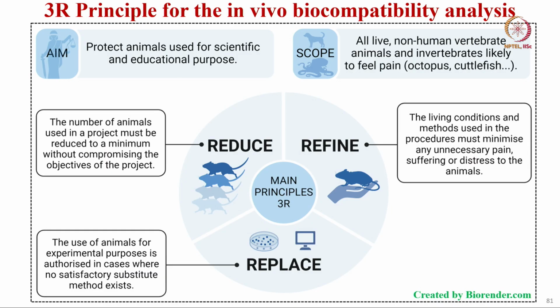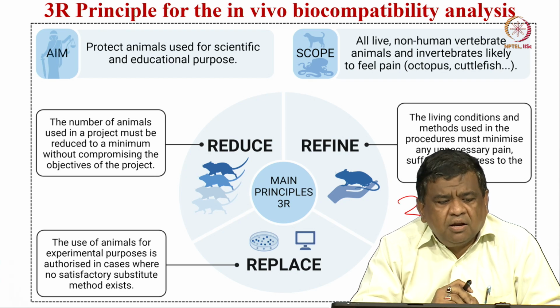Before I start with the biocompatibility analysis, I would like to remind you about the 3R principle, which I have briefly explained in one of the previous lectures, but I thought it is important to show this particular slide.